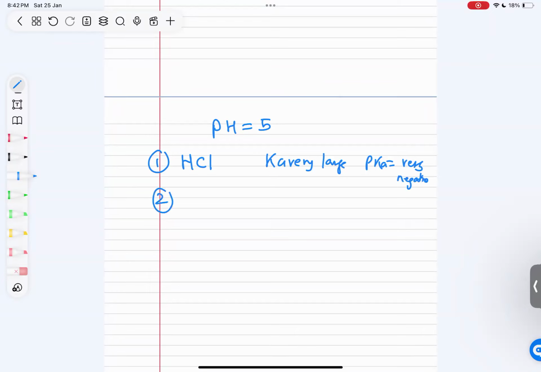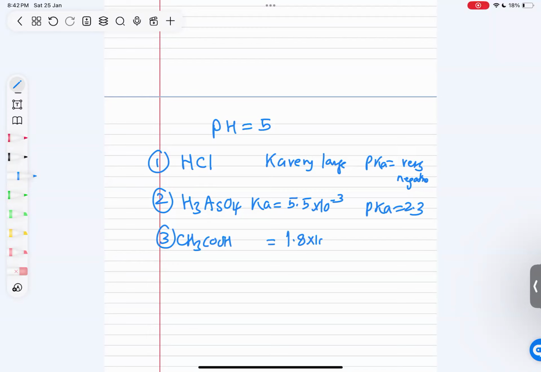Now, the second one is H3AsO4, Ka is equal to 5.5 multiplied by 10 to the power negative 3, so pKa is equal to 2.3. And then number 3, CH3COOH, the Ka is equal to 1.8 multiplied by 10 to the negative 5, so pKa is equal to 4.7. HCN is the last one.